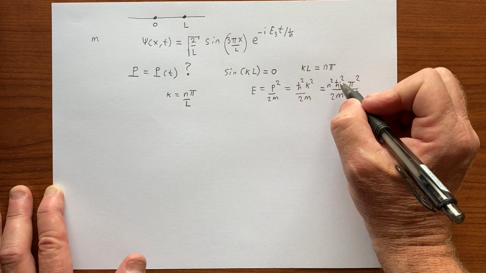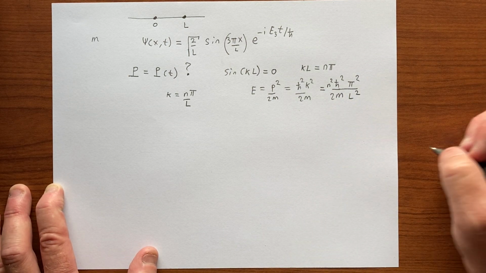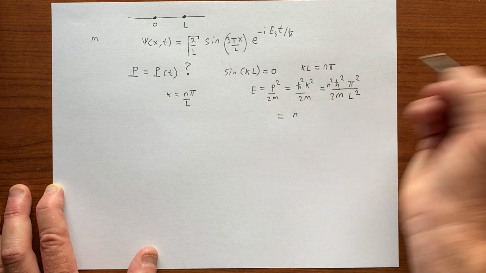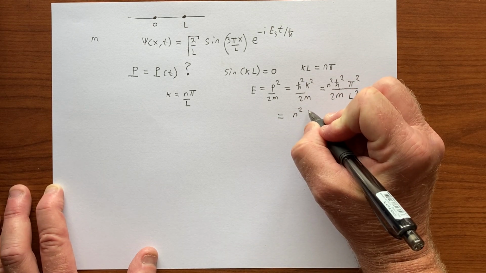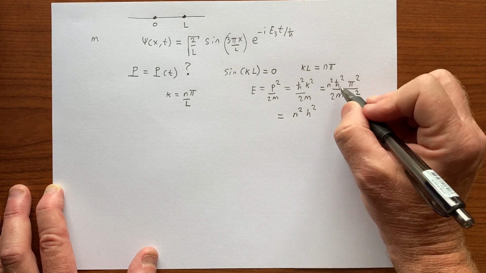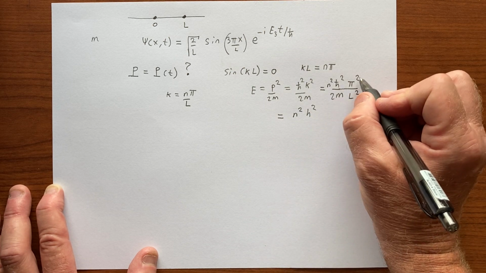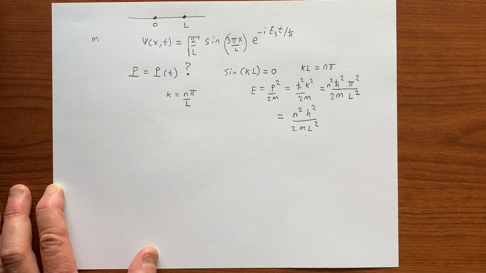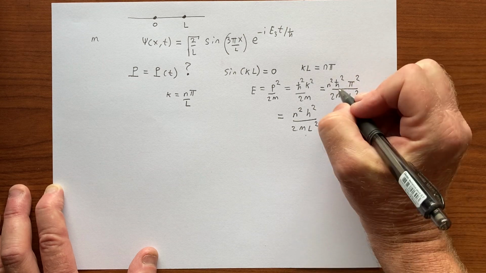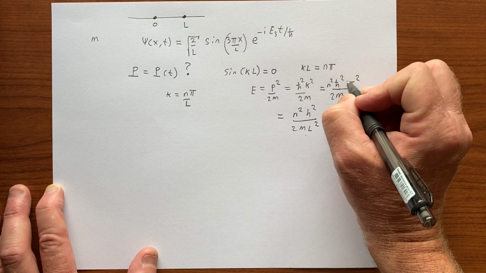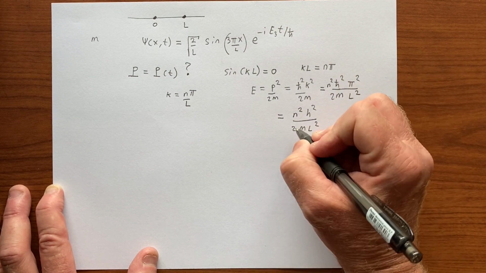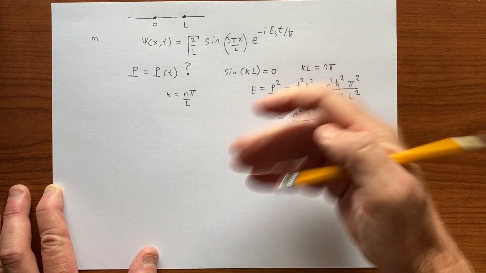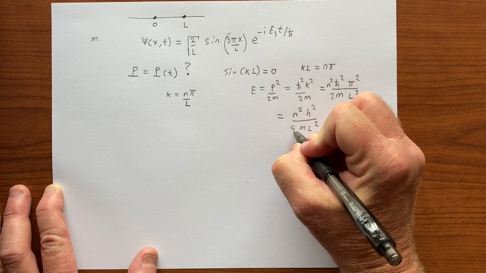Of course, there's a pi in here, so we probably should simplify this. If we specify the pi's, then we should write this as h squared over pi squared, which cancels that, over 2m L squared. h bar is h over 2 pi, so we get a 4 here, and therefore this becomes an 8. So we have an 8 there.